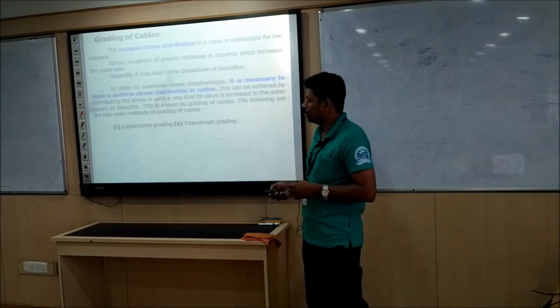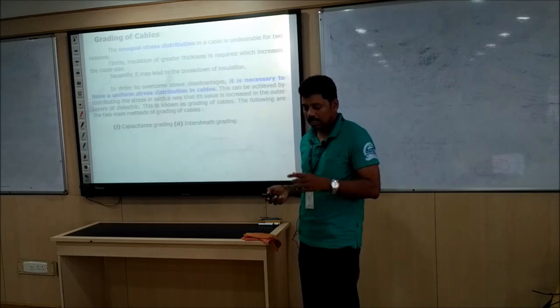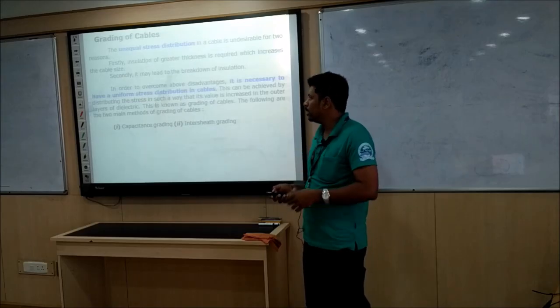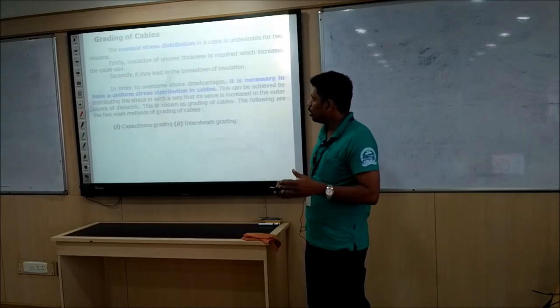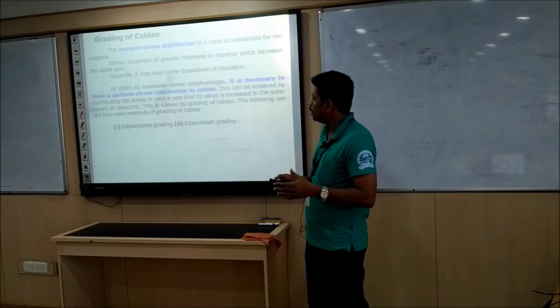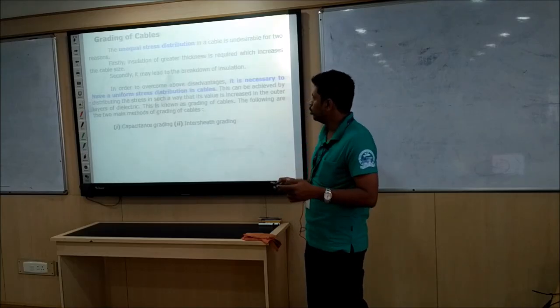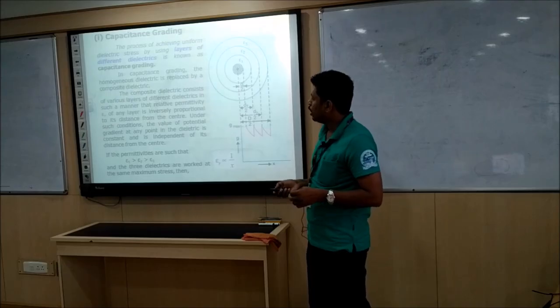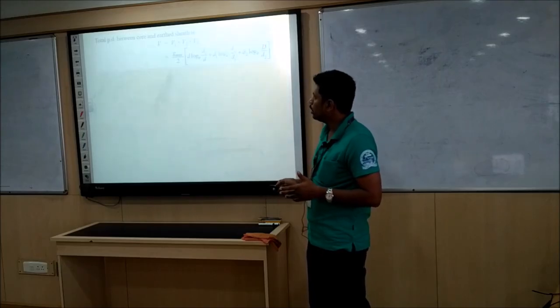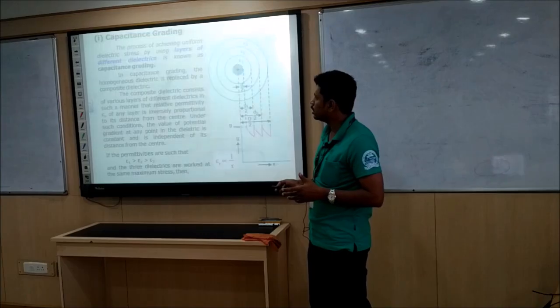Then grading of cable. Here also, grading means that there are insulation materials over the conductors. In order to make the stress uniform in that insulation, we have to go for grading. This grading is different from the grading of insulators. There are two types of grading possible: one is capacitance grading, another is intersheath grading.